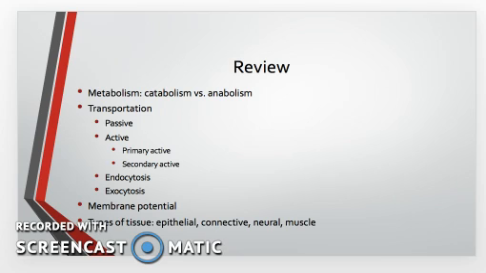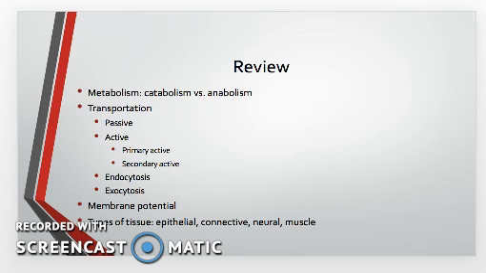Transportation can be passive, active, primary, secondary, and then you've got endocytosis, exocytosis. Membrane potential is found on page 85. And then types of tissue: the epithelial can be found on page 88. Connective, page 93. Neural is page 97. And muscle is page 94.